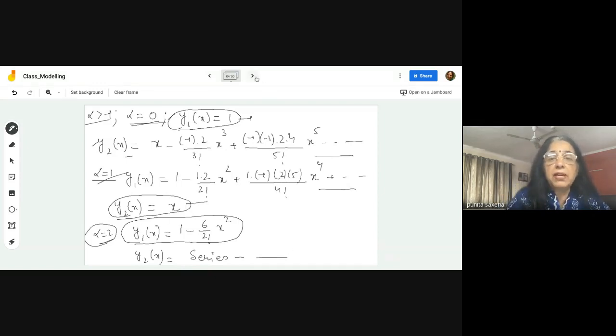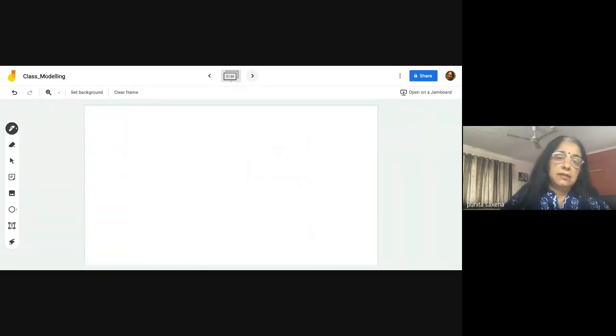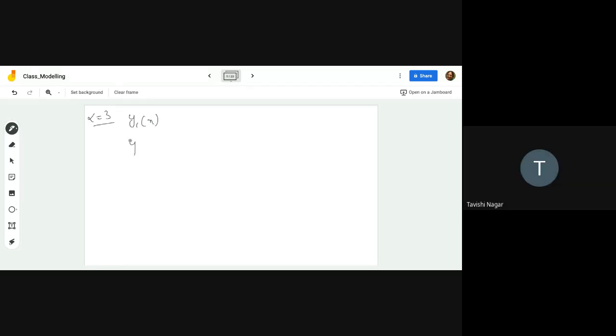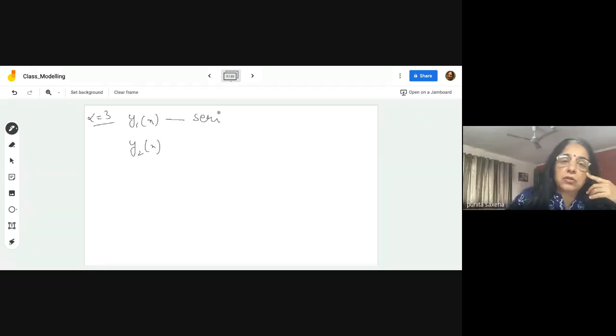Similarly, just see what happens when alpha is 3. y1 is 1 minus 12/2! x^2, and so on. So y1(x) is still a series.